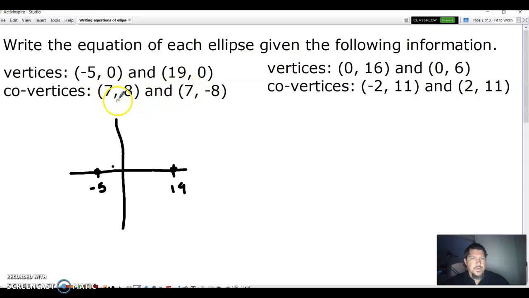My co-vertices are at 7, 8, and 7, negative 8. So 7 would be somewhere here. 8 would be maybe up here, right? And then 7, negative 8 would be down here.